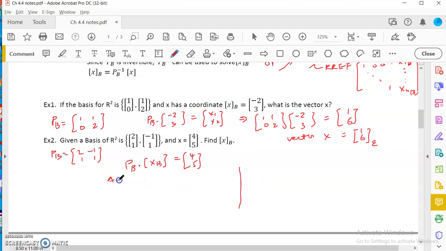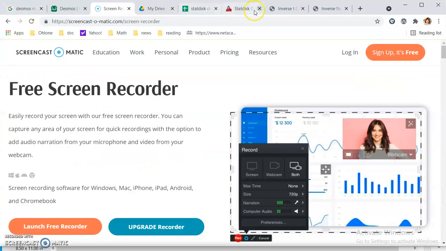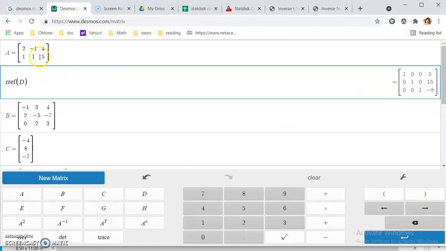Do the augmented matrix method first. That means this would be 2, 1, -1, 1, and the other side is 4, 5. So do the augmented matrix RREF of this, 2, 1, -1, 1, 4, 5.